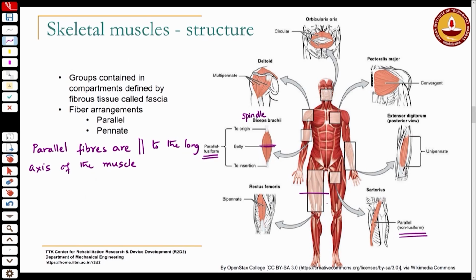Can you please elaborate on the difference between the fiber and muscles? Okay. So, muscles are essentially groups of fibers. We will talk about the structure. The compartments are bunches of muscles, which are covered by some connective tissue called the fascia.